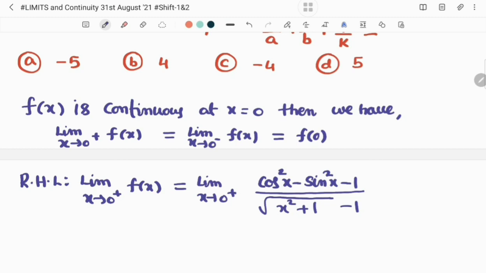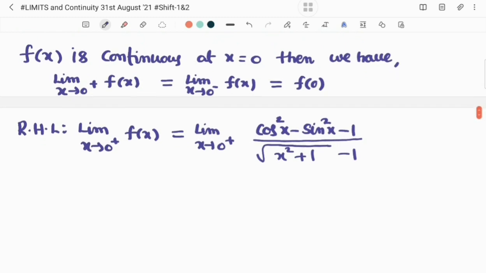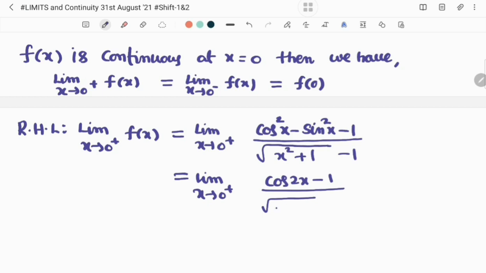We know that cos square x minus sin square x value is cos 2x. So limit x tends to 0 plus (cos 2x minus 1) divided by (root of x square plus 1 minus 1).